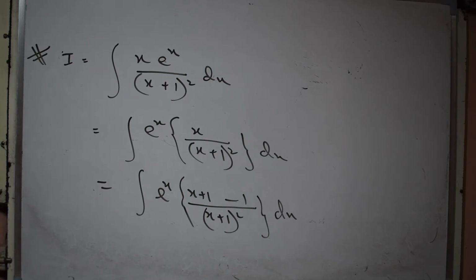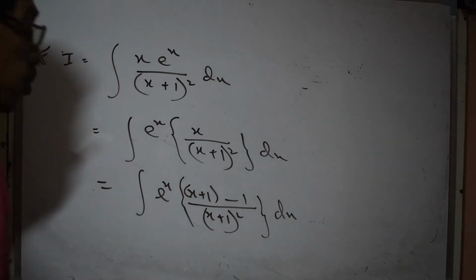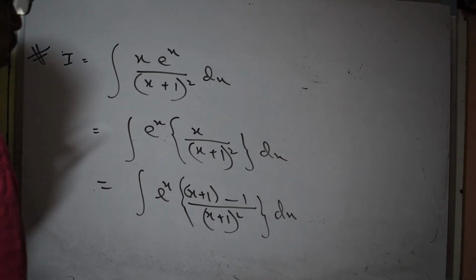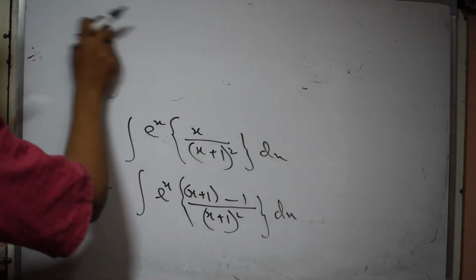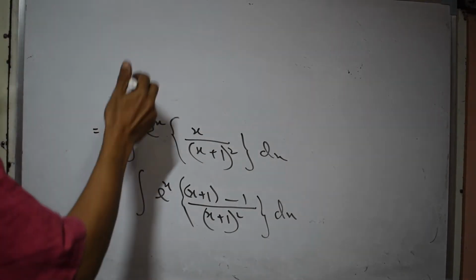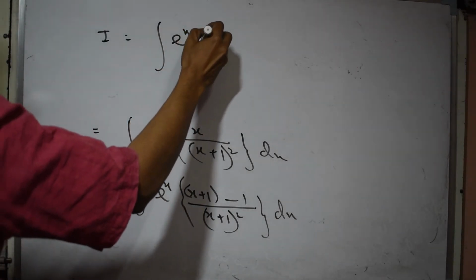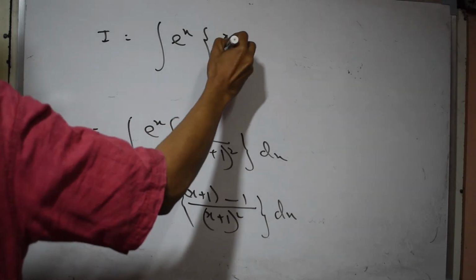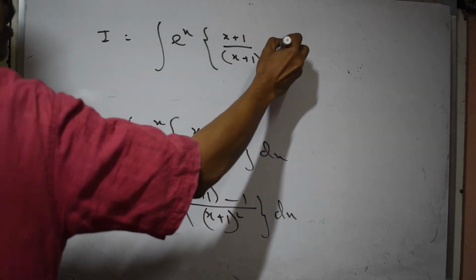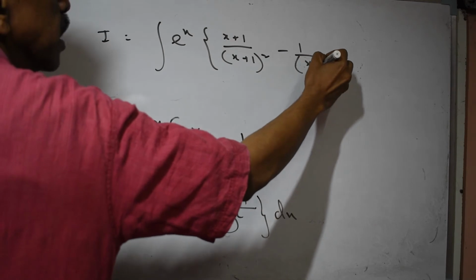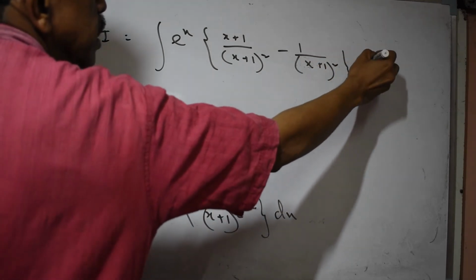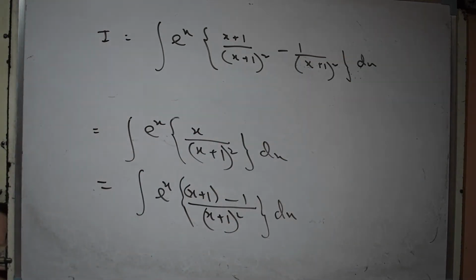How to separate? x plus 1 by x plus 1 whole square minus 1 by x plus 1 whole square. That means in the integration part, e to the power x into x plus 1 by x plus 1 whole square minus 1 by x plus 1 whole square dx. Okay, so that is the expression we can have.